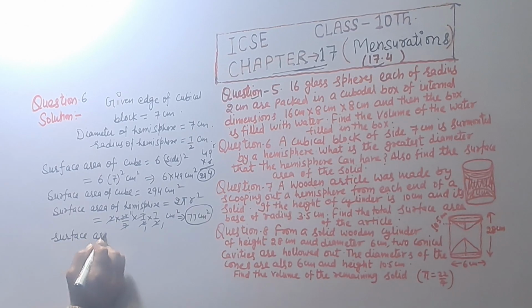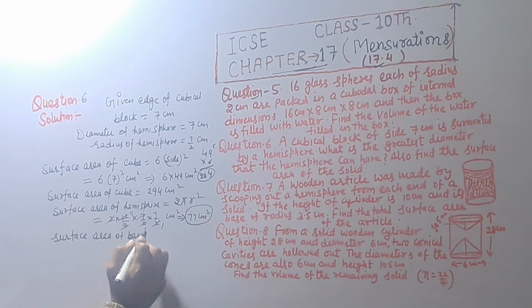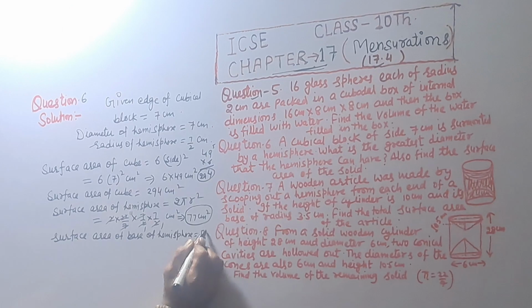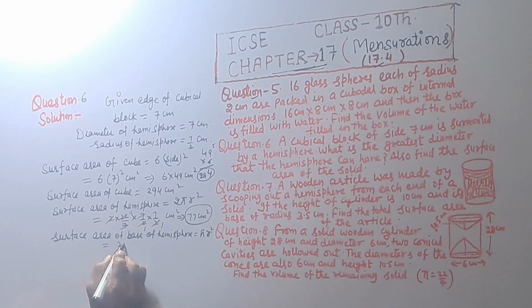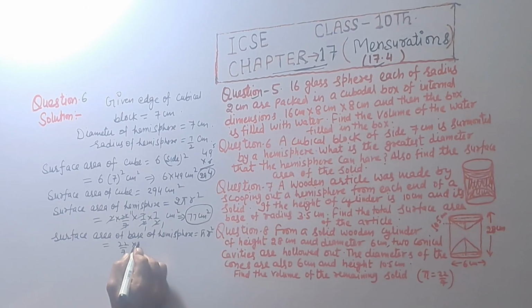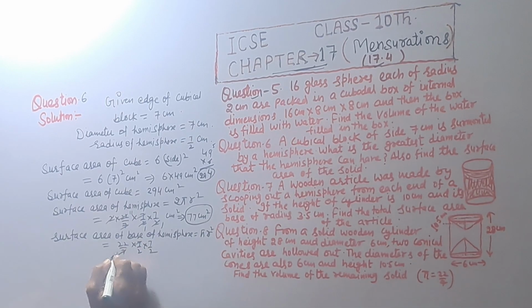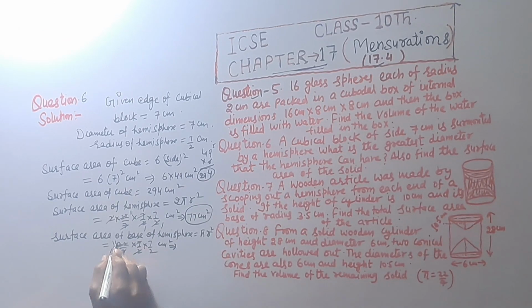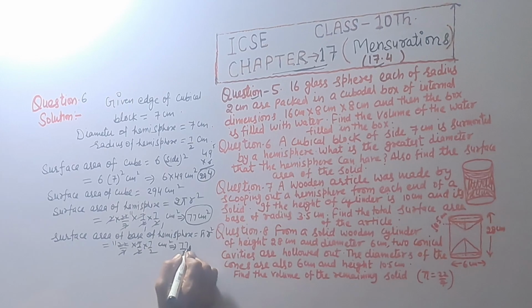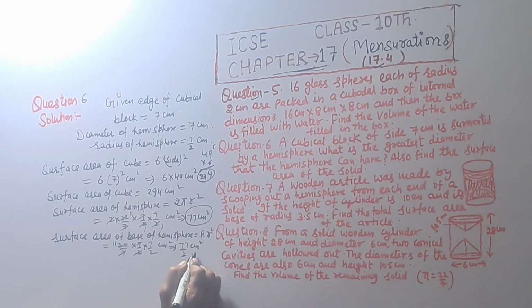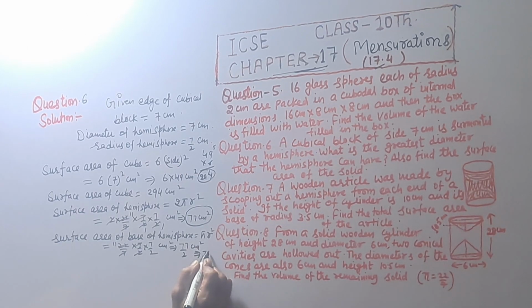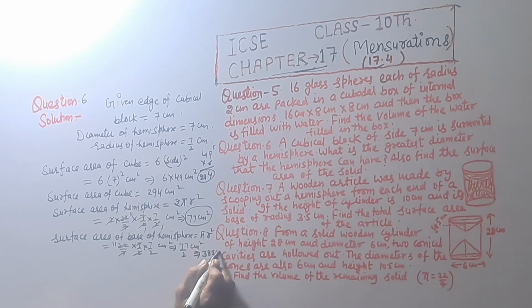Surface area of base of hemisphere, that is equal to pi r square, and 22 upon 7 into 7 upon 2 into 7 upon 2. 7 is cancelled and 11 2s are 22 centimeter square, which implies 77 upon 2 centimeter square is equal to 38.5 centimeter square.